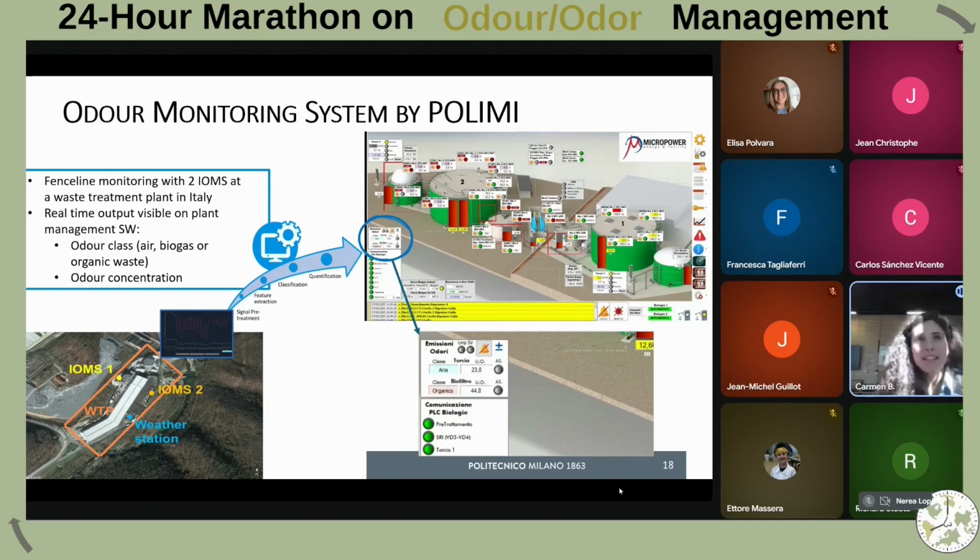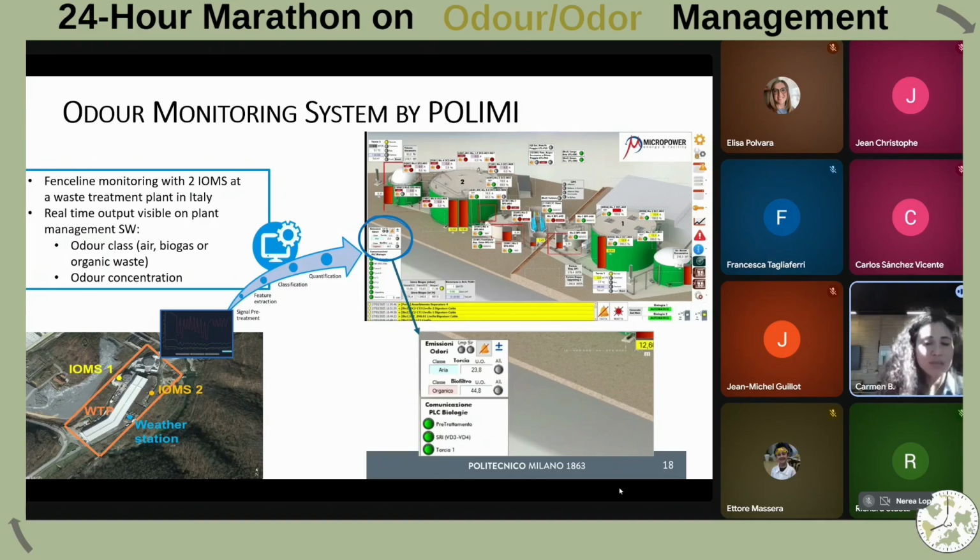The results that we achieved within this project are very satisfactory, not only from a scientific point of view, because we were able to implement and verify the robustness and the reliability of the IOMs' outcomes provided during the monitoring periods, but we also received very positive feedback from the plant managers, because the network that we realized at the plant helped them in identifying anomalies in the working conditions of their plant.